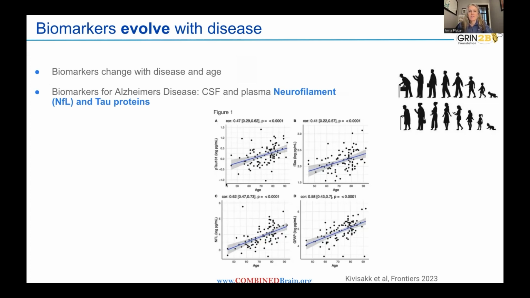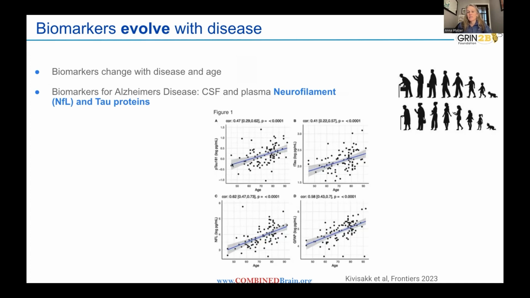On the horizontal axis, you can see age, which is being used as an indicator for disease severity. As a patient ages with Alzheimer's, most typically they get more severe. Without going into a ton of detail on the dots and the lines, basically what I'm trying to show you is that for these three different proteins, tau, neurofilament, and GFAP, as the individual gets older, the level of these proteins increases.